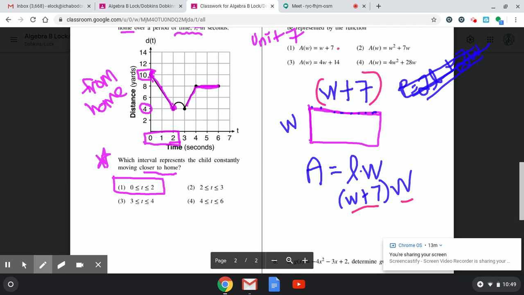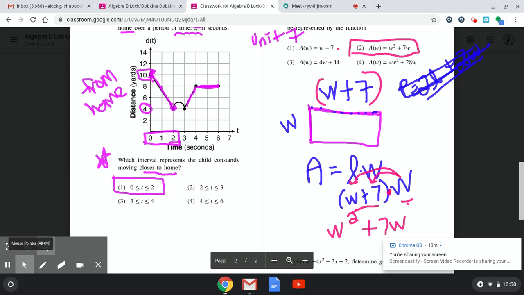So what do we have to do when these two things are listed next to each other? Combine them. So here we're going to distribute that W in. W times W will give you W squared, and W times 7 is 7W. So the best answer here is going to be choice 2.